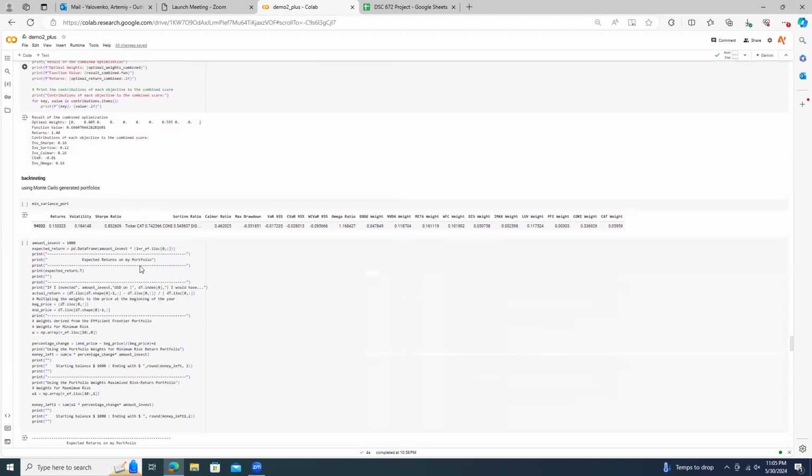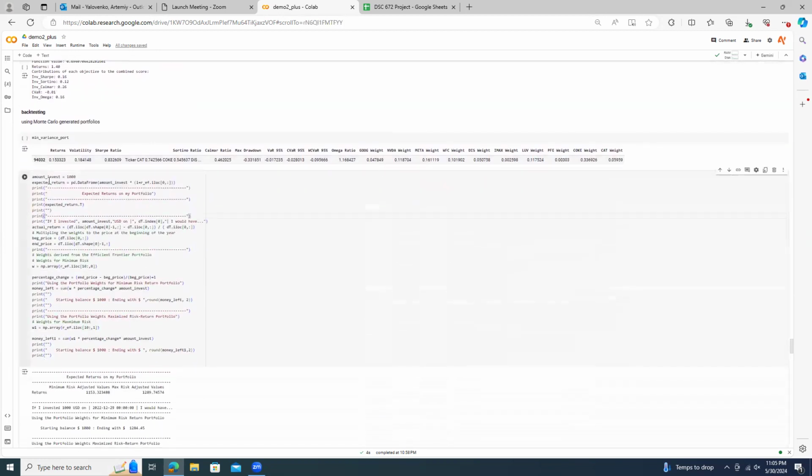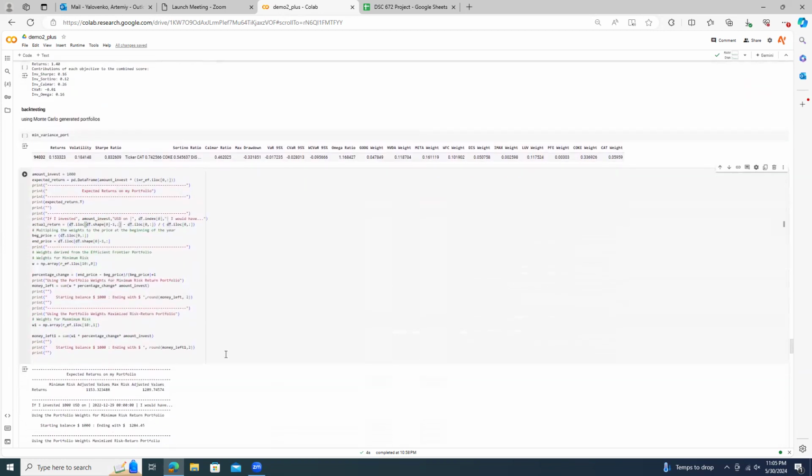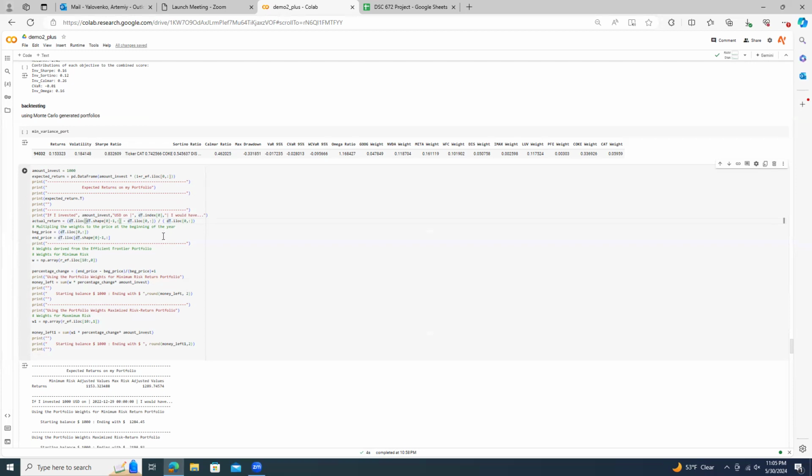And again, this is going into further backtesting where we are actually assigning a value and simulating how much money we could make given the different portfolio allocations we have.